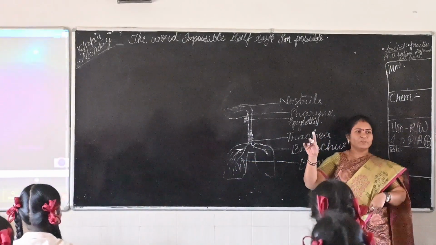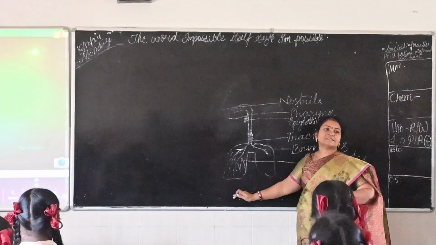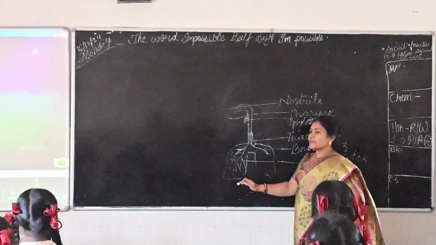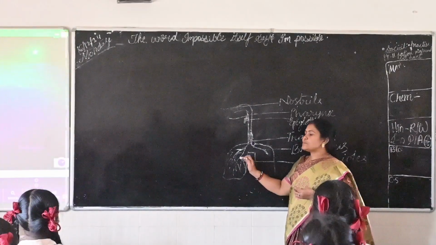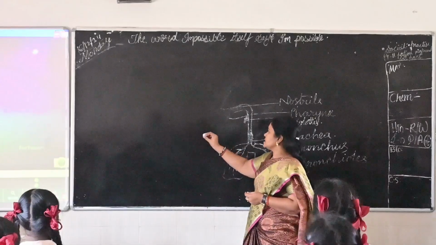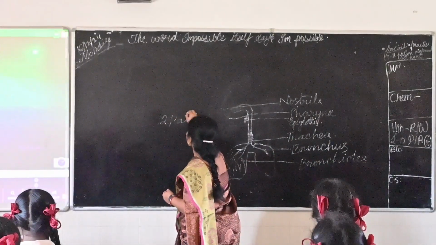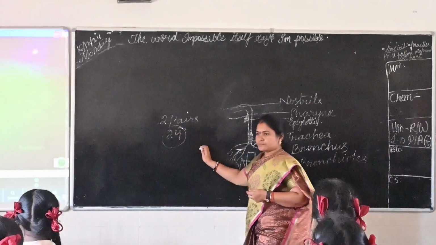Pair means two. So we have a pair of lungs placed inside your chest cavity. These lungs are protected by your rib cage, which has 12 pairs of bones, or altogether 24 bones.